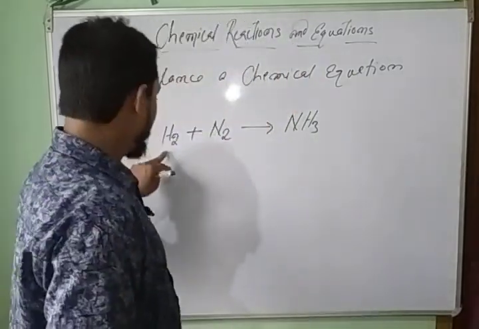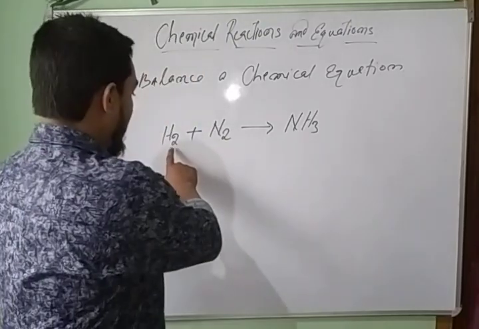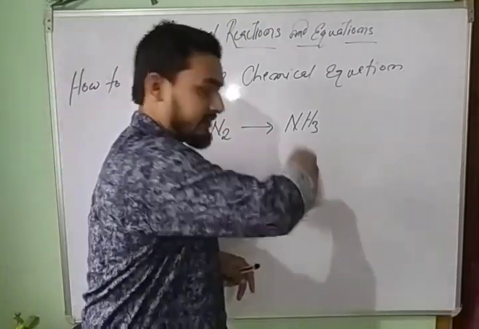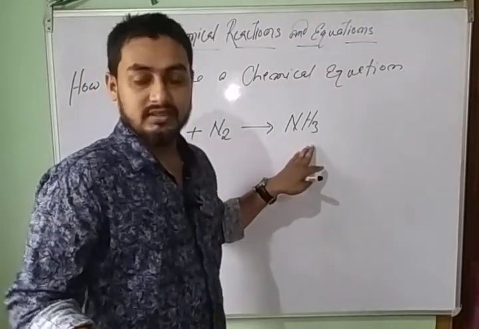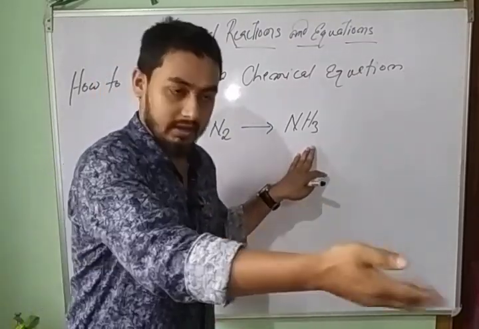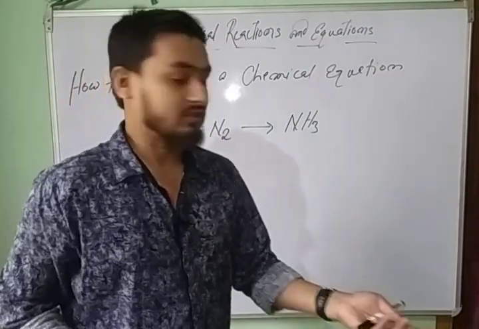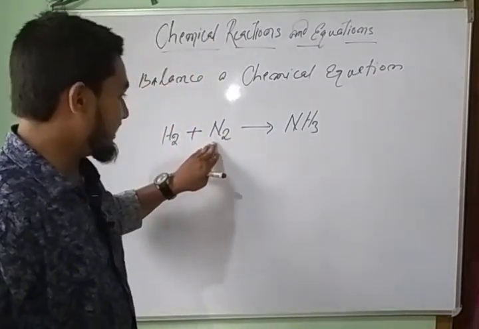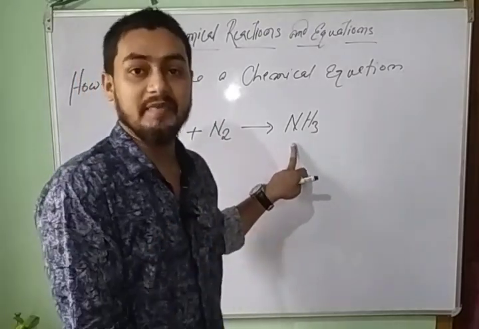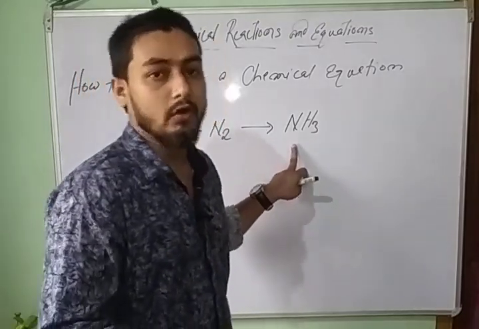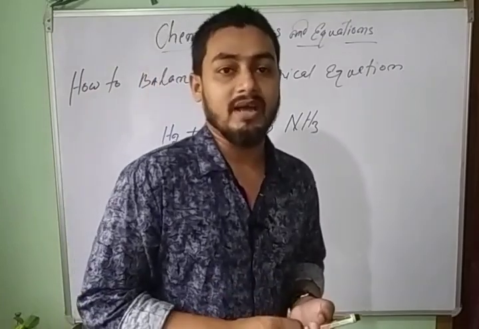But here if you observe, you will find that the number of hydrogen atoms increased. That means the mass of hydrogen increased. This is not possible as per the law of conservation of mass, and the number of nitrogen atoms is reduced from 2 to 1. That means mass disappeared. This is not possible according to the law of conservation of mass.